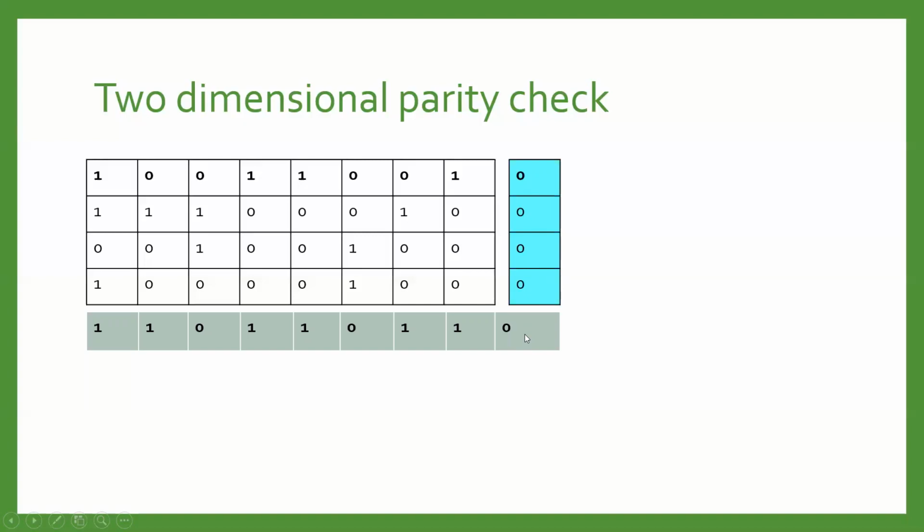Now, how to transmit this data? We just have to transmit row wise. With each row, we are going to append this VRC bit to the original data. So the data will be transmitted as 1001100110. This will be your first frame. The second will be 1110000100.